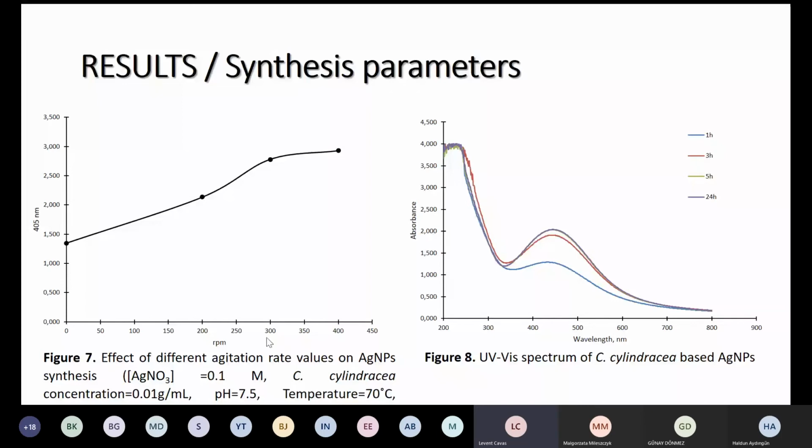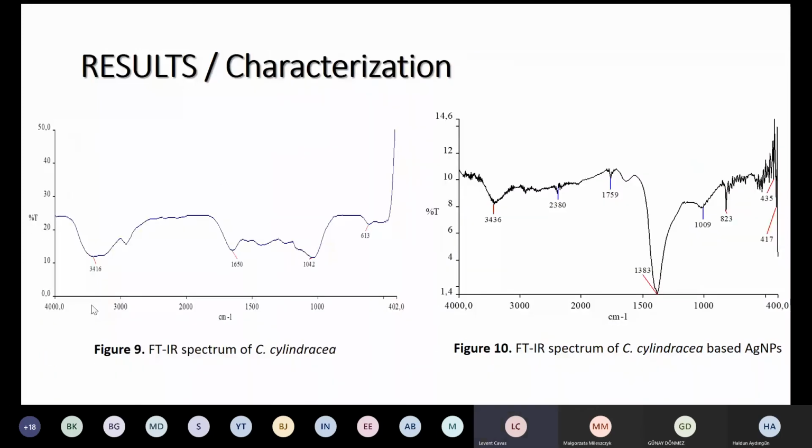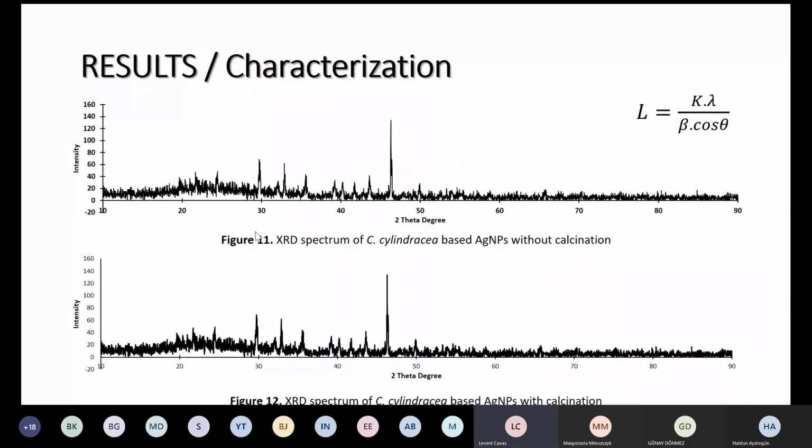After synthesis of silver nanoparticles, we used some characterization methods such as UV visible spectra, as you can see here. And we also used FTIR spectrum. The results are well in line with the published reports in the scientific literature. We also used XRD to characterize the silver nanoparticles.